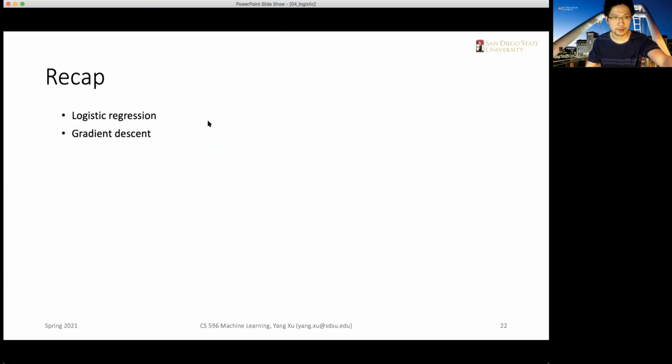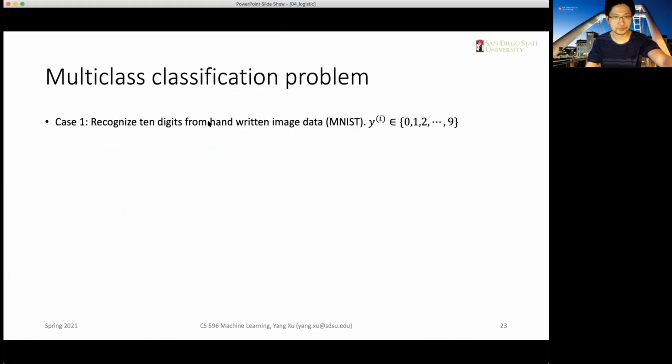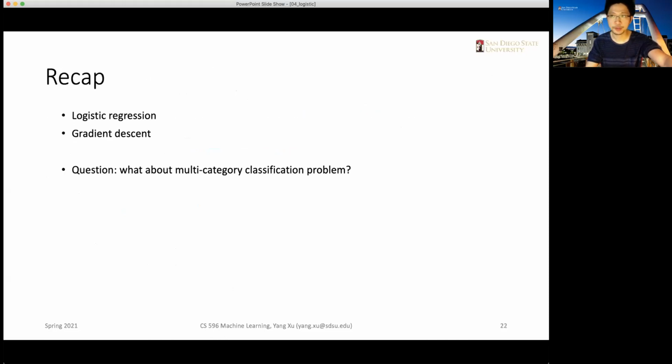All right, that's pretty much it for logistic regression, and we have some time left. I think we can have the remaining slides covered, because logistic regression is just the simplest case of making binary predictions.